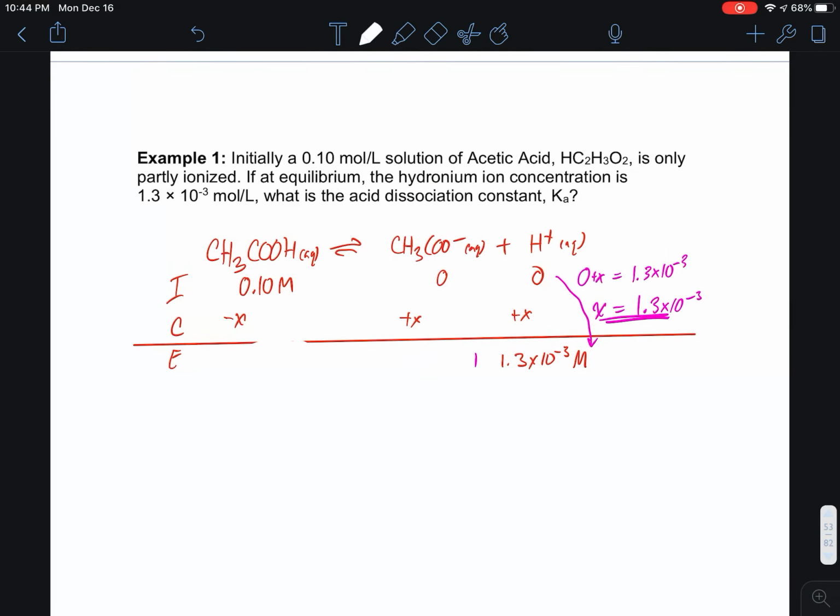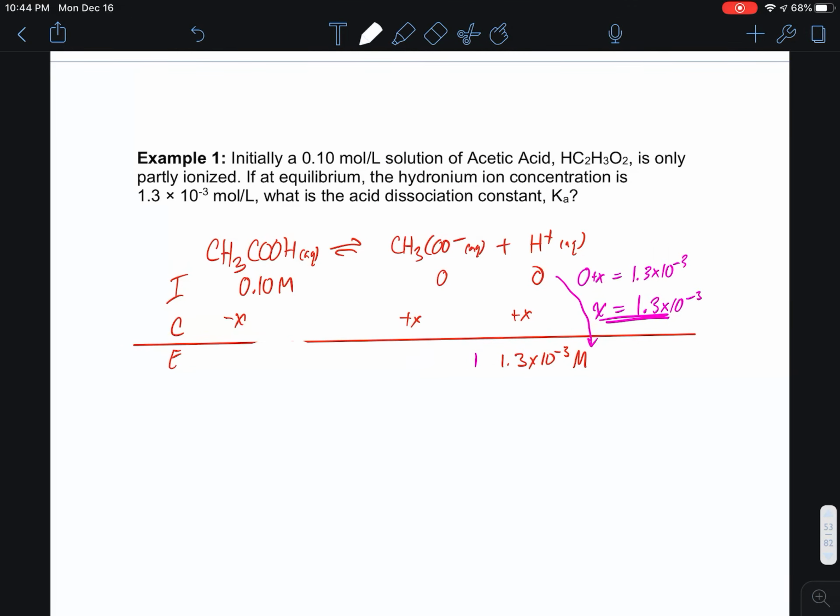It has to follow the stoichiometry. So that tells us what X is, because if you go from 0 to 1.3 times 10 to the negative 3, then X must have been 1.3 times 10 to the negative 3. If X is 1.3 times 10 to the negative 3, then the final concentration of CH3COO- is 1.3 times 10 to the negative 3.